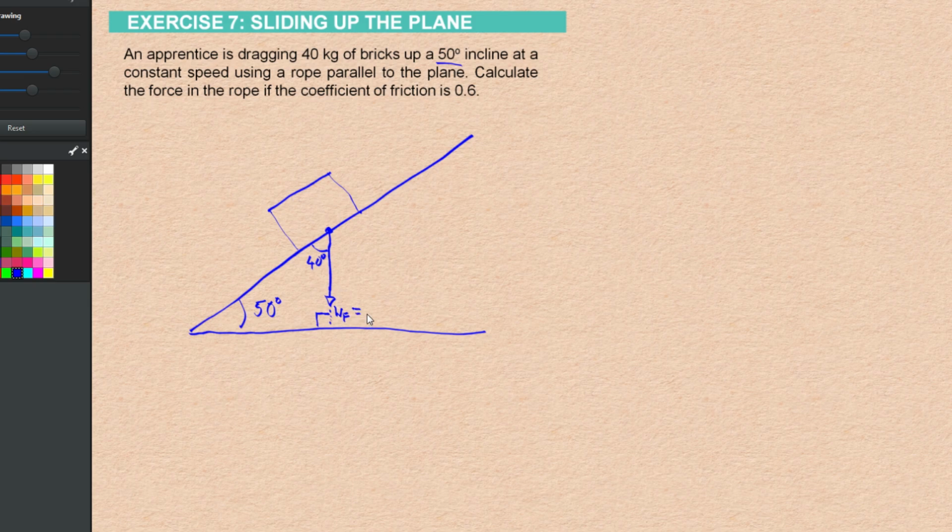Our weight force, which as usual is equal to our force due to weight, FW, is equal to mass times acceleration, and this was our 40 kilograms.